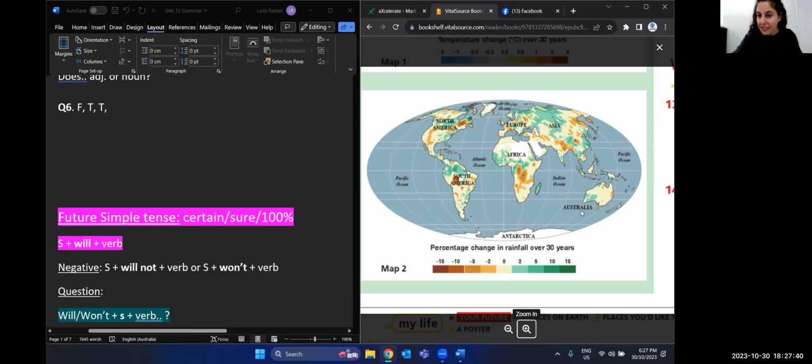I think true. I can see from the colors, yes, the rain has increased and decreased. I can see orange on the east, blue on the west. So yes, blue, increase, orange, decrease, true.